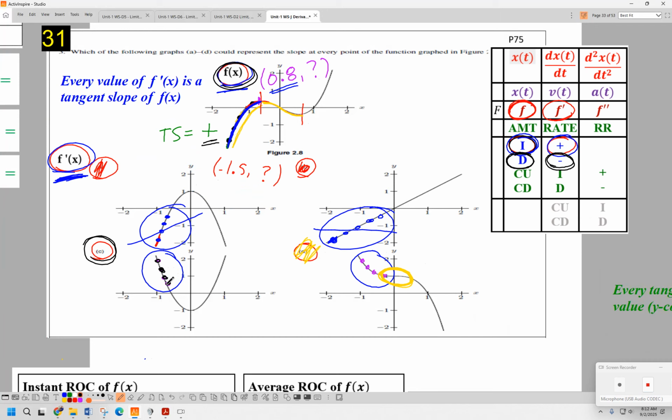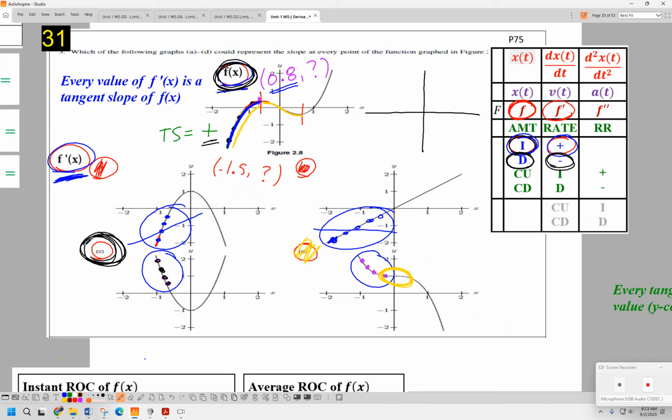So we could have drawn the graph of f like this. We can shift f up or down as much as you want, changing the y values completely. But as long as we don't change the slopes, this will still be a perfect match. So this is actually a match for an infinite number of different graphs.